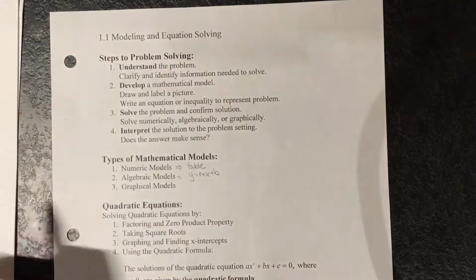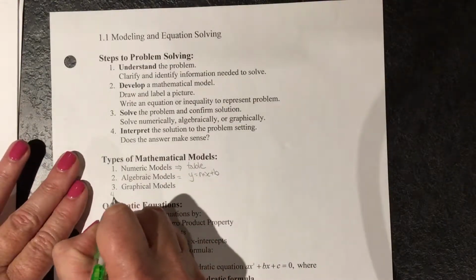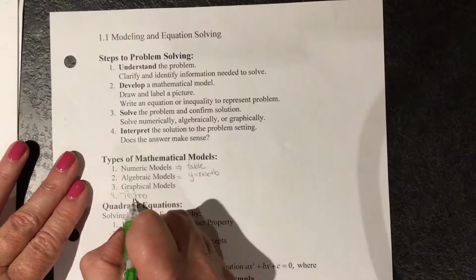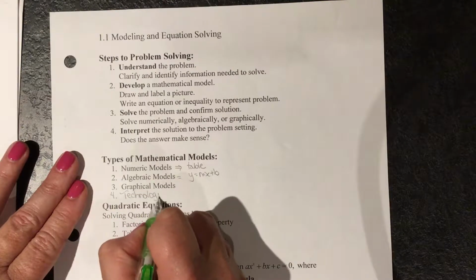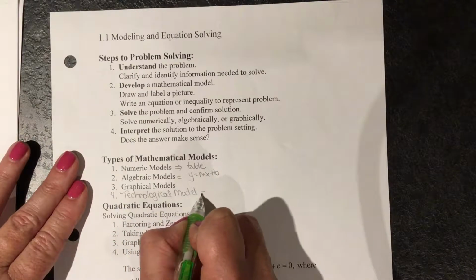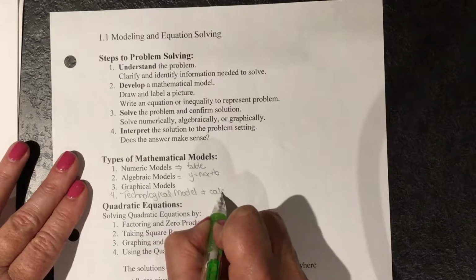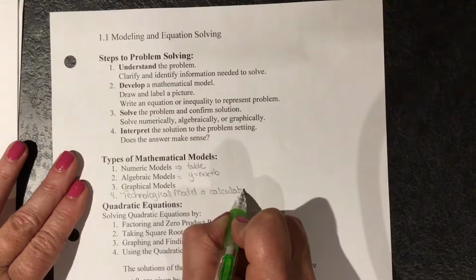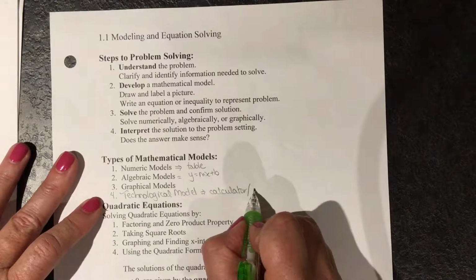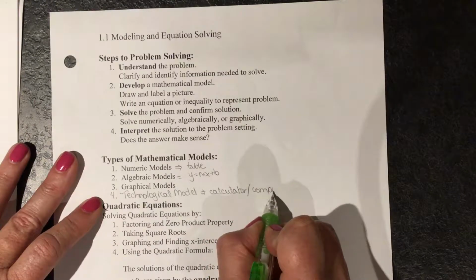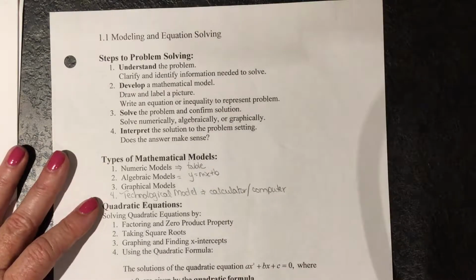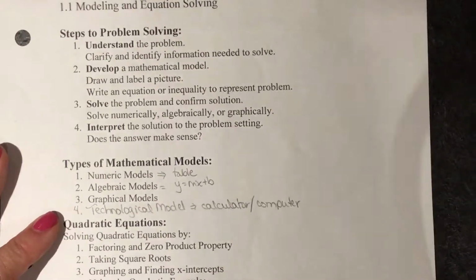There is a fourth method, and that is a technological model, which would be utilizing our calculator. Sometimes number 4 is used in conjunction with the others. It could also mean using a computer in order to solve our problems.